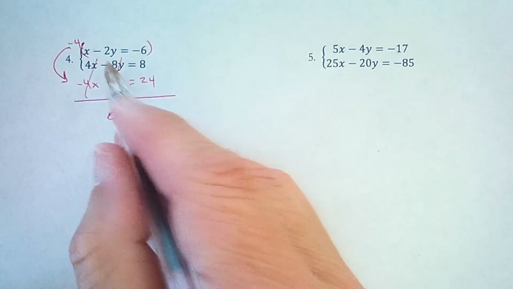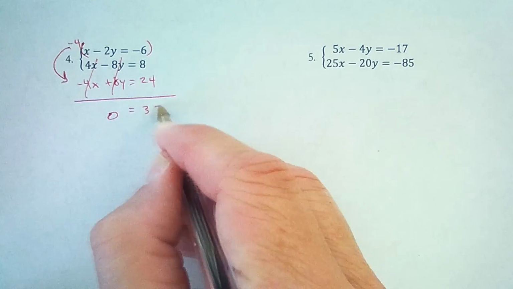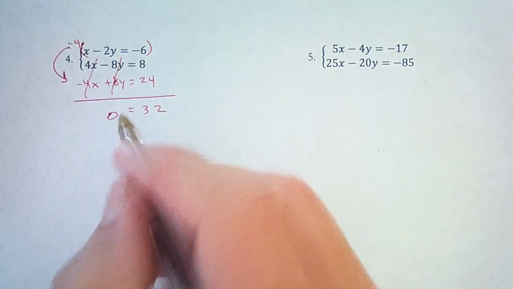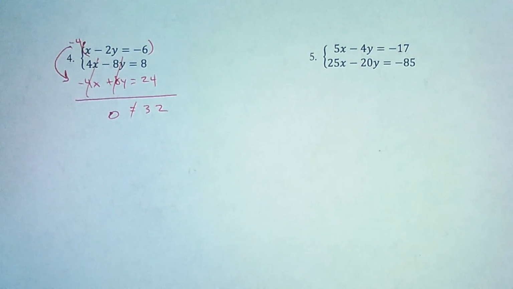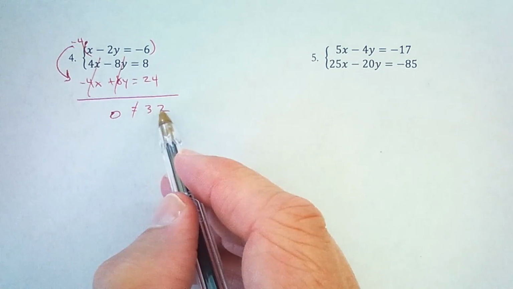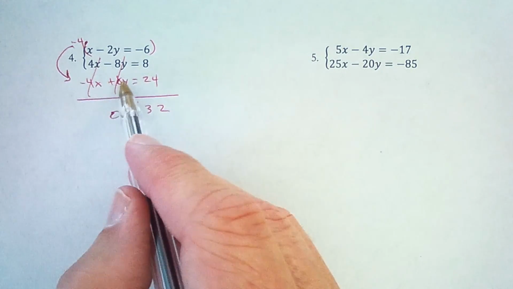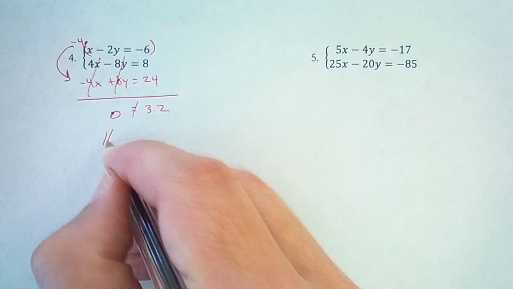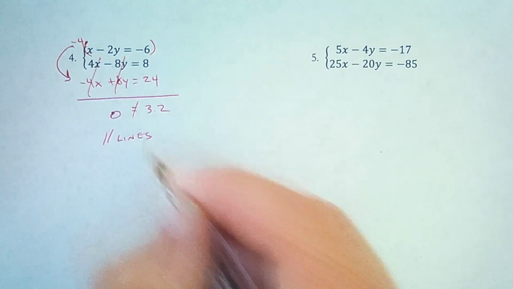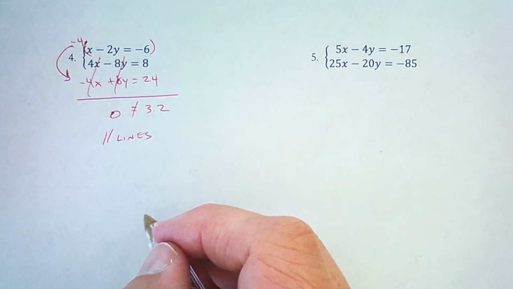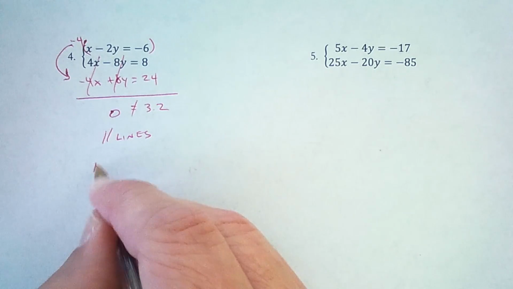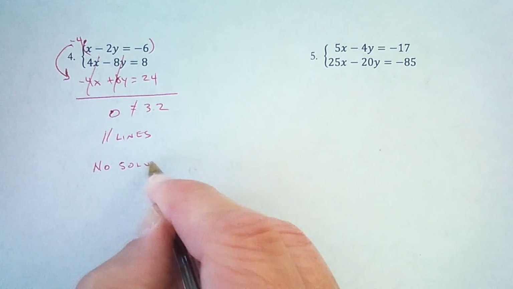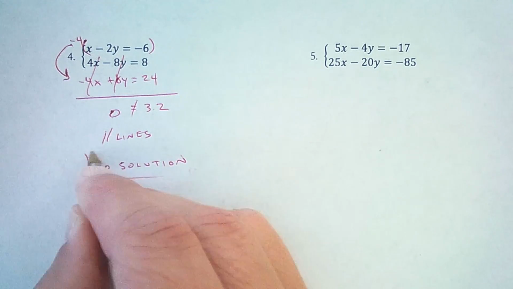And I get 0 remaining on this left side equals 32. But we're smart enough to know that 0 does not equal 32. So I got a false statement here. If I cancel the x's and the y's and I get something that is false, that means these are parallel lines. And the solution is the point of intersection. Parallel lines do not intersect, so there is no solution.